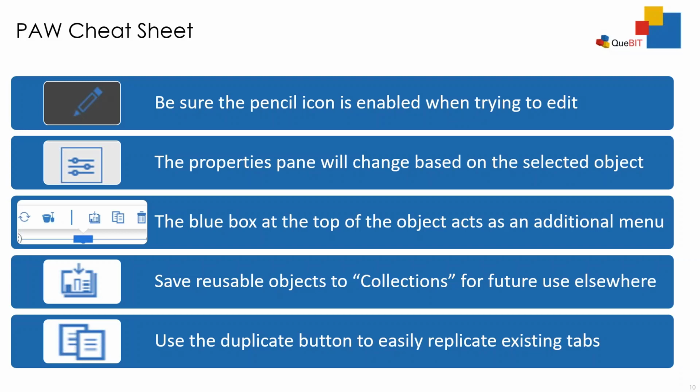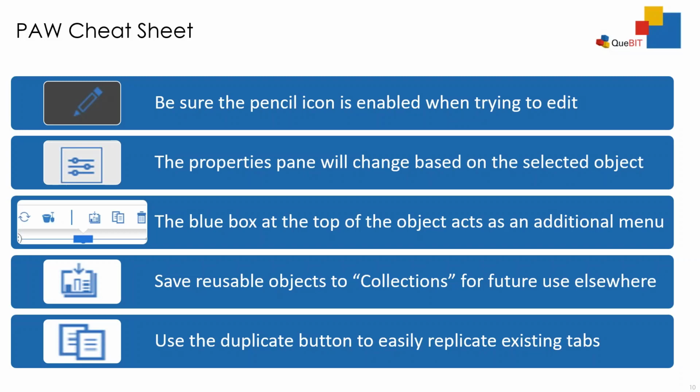And then the last thing I want to cover, so the welcome page, in the way that Maria had hid the button under the QueBIT logo, a good trick to do is try and create your homepage first and get the theme and the formatting how you'd like to see. And then once you do that, you can just duplicate that tab across the worksheet and edit it from there.